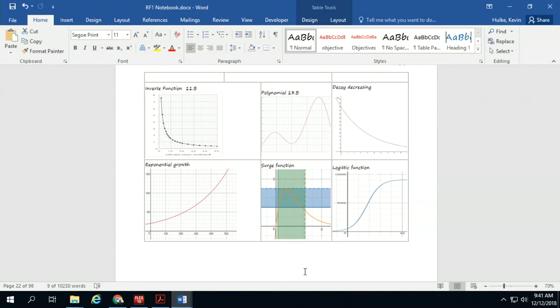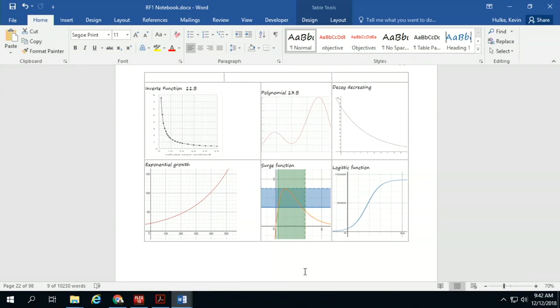So the surge function started out kind of like a quadratic, and it ended on the right side kind of like an exponential. So it was two functions with the variable in two different unique spots. One of the spots was in the exponent. The other spot was in the coefficient out front.